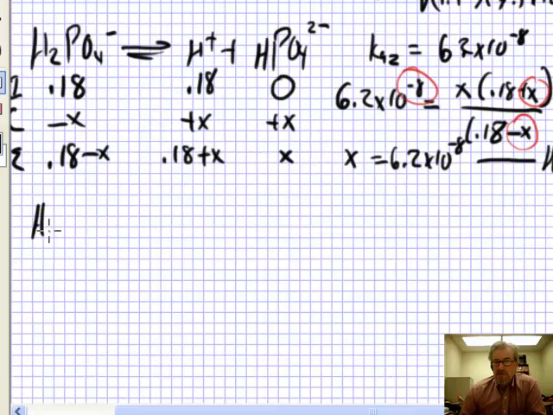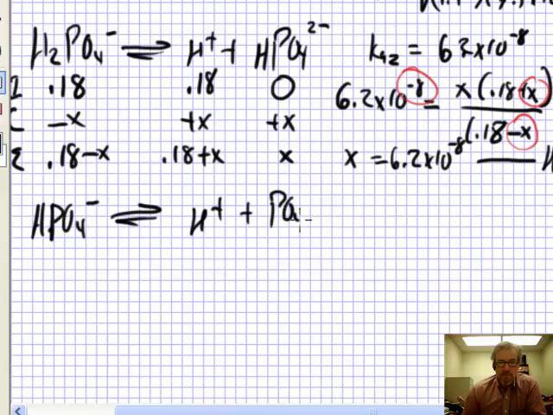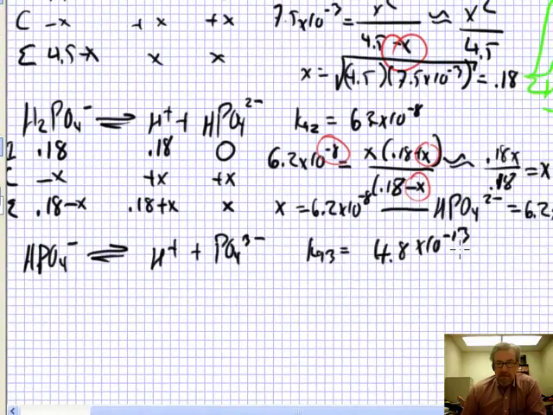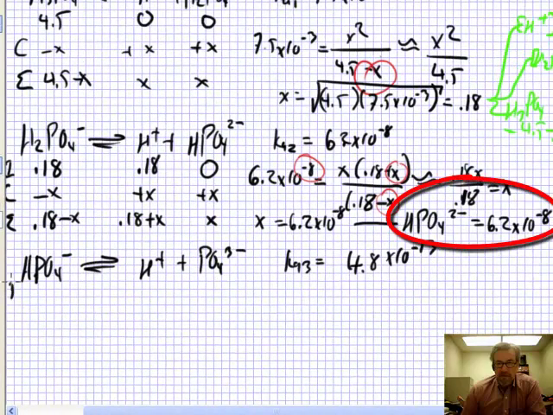HPO4 2 minus is dissociating to give H plus and phosphate 3 minus, PO4 3 minus. Ka for this third dissociation is equal to 4.8 times 10 to the negative 13th. So the initial concentration of HPO4 2 minus was 6.2 times 10 to the minus 8th.